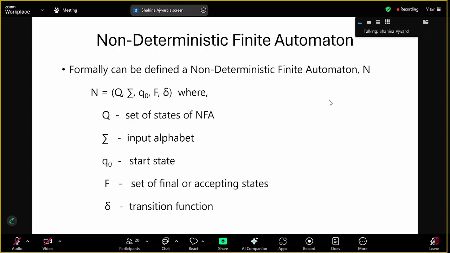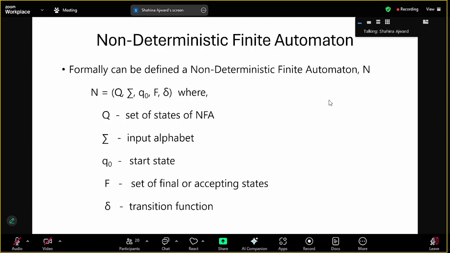Now, when you represent a DFA, a deterministic finite automaton, we use two ways. One is a state machine, which means we use circles and arrows to represent the states and the transitions. The other is a state transition table.